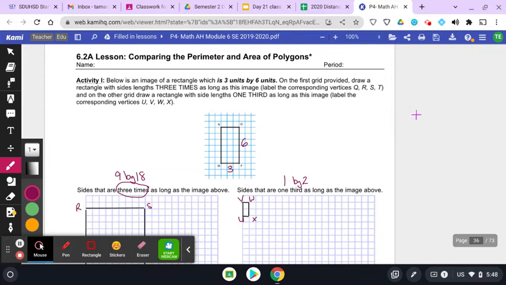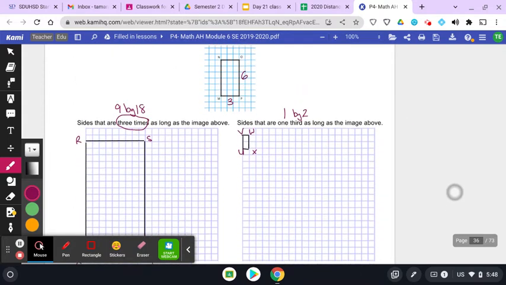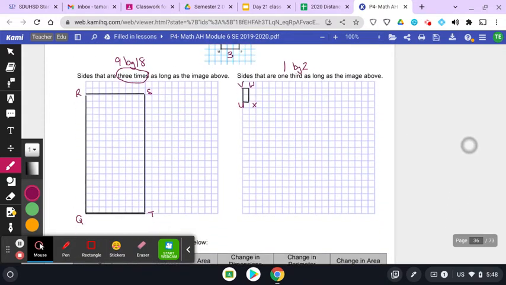So I need to calculate the area and the perimeter for both of these. Perimeter is when we add all the sides up. So on this one, I have to go 9 plus 18 plus 9 plus 18. And when I do that, I get a perimeter of 54 units.